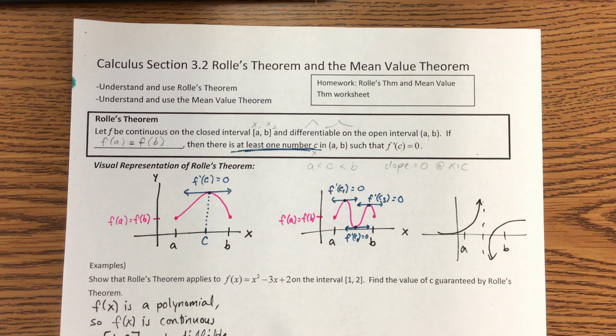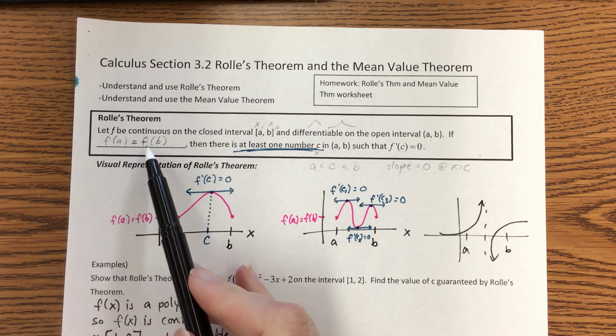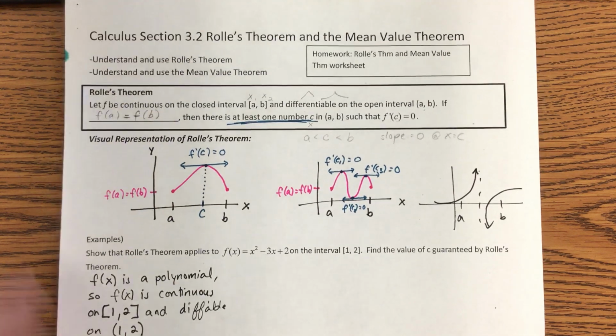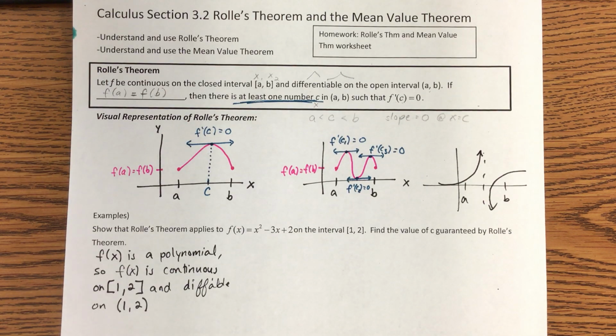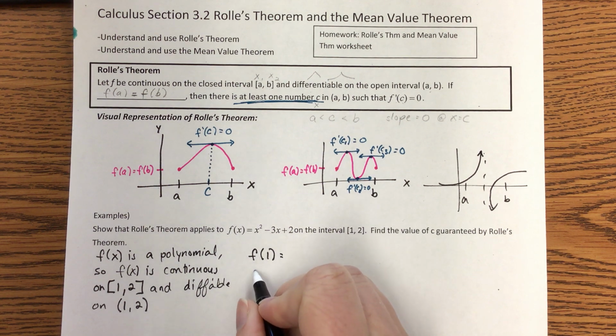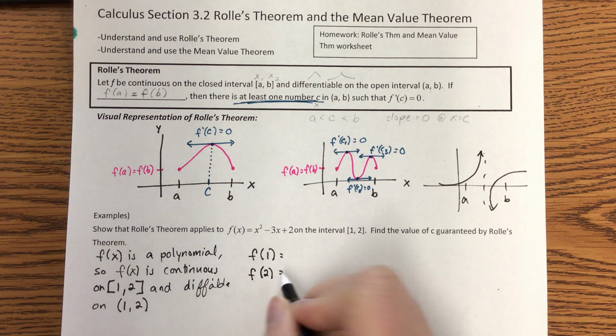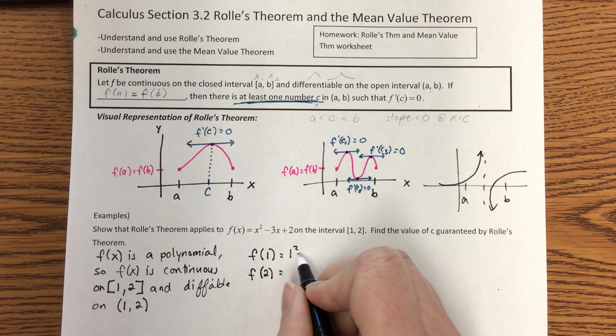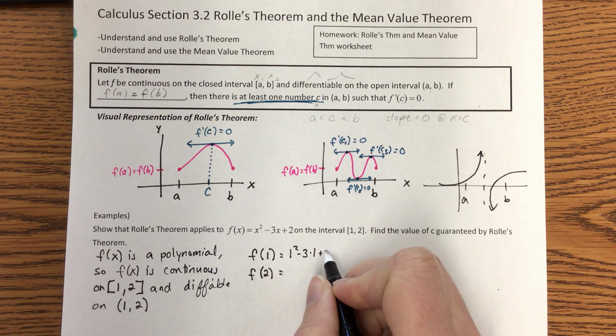We need another thing. We need to make sure that f of a equals f of b. So let's find it. What is f of 1 and what is f of 2? F of 1 is 1 squared minus 3 times 1 plus 2, which is 1 minus 3 plus 2, which is 0.